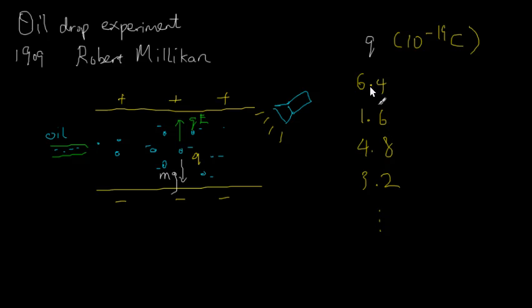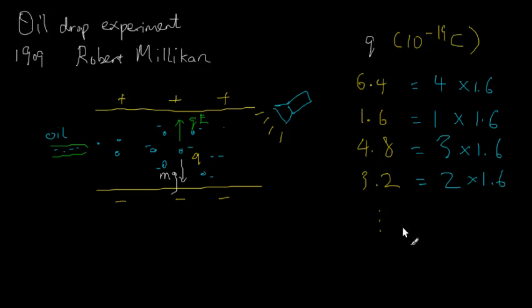So 6.4 is actually equal to 4 times 1.6. 1.6 is 1 times 1.6. 4.8 is 3 times 1.6. 3.2 is 2 times 1.6, and so on.